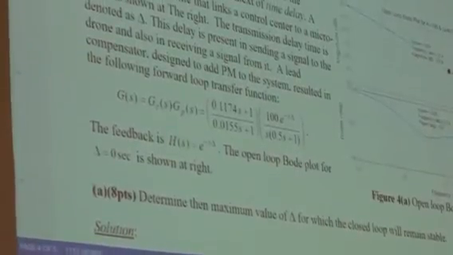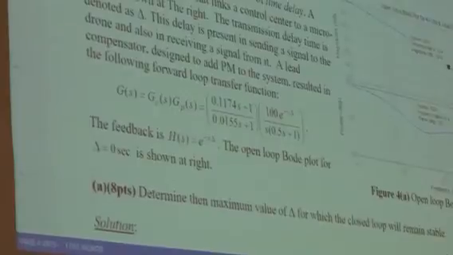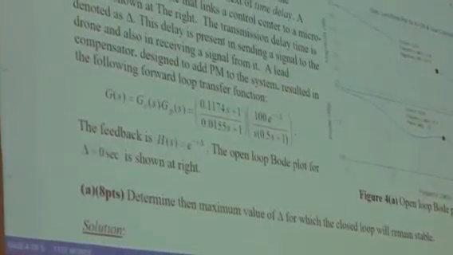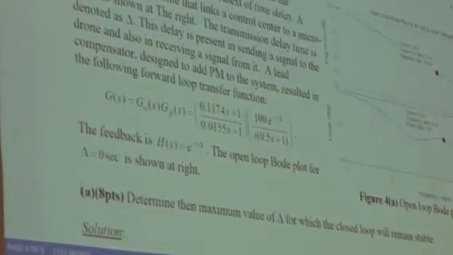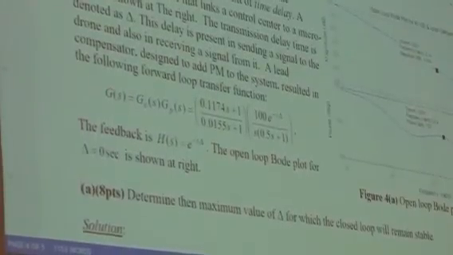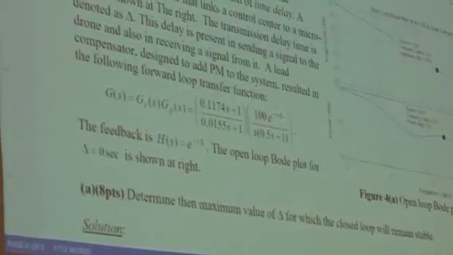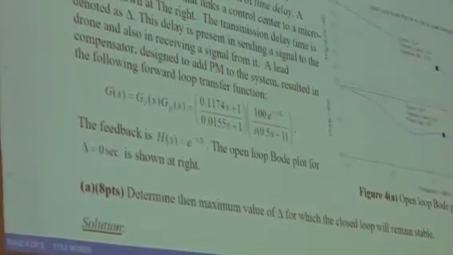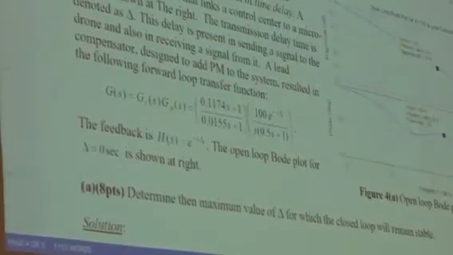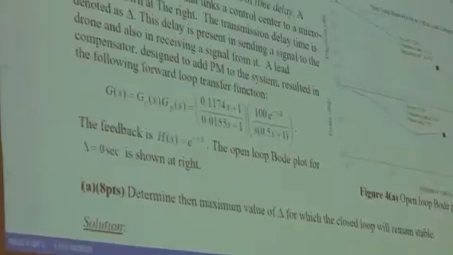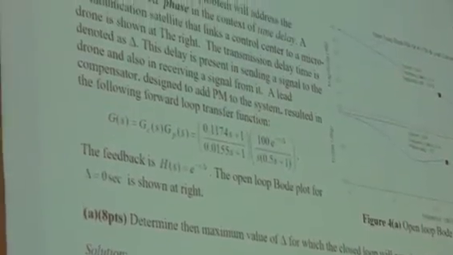So what does e to the minus s delta become? E to the minus j omega delta. Oh, that's a unit phasor. Does nothing to the magnitude of the open loop, but adjusts the phase by negative omega delta. We went through this. Okay, so you need to find the maximum time delay such that the closed loop will remain stable.